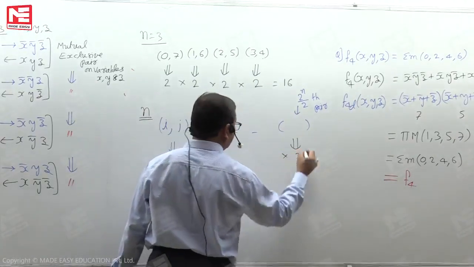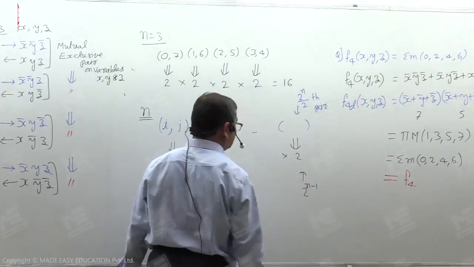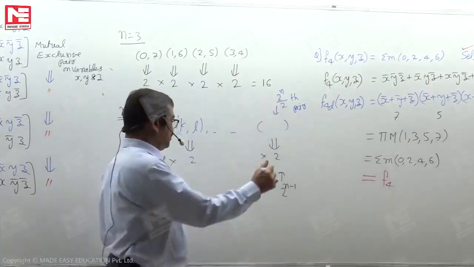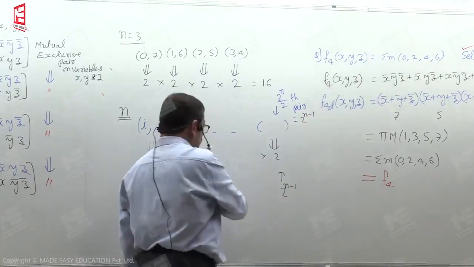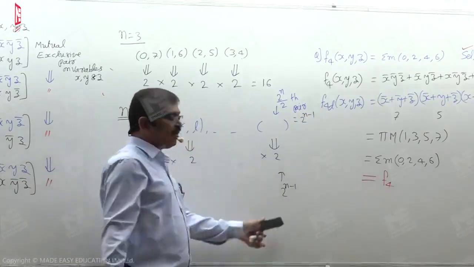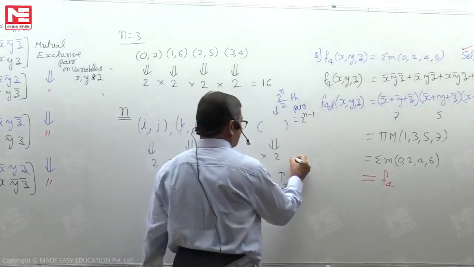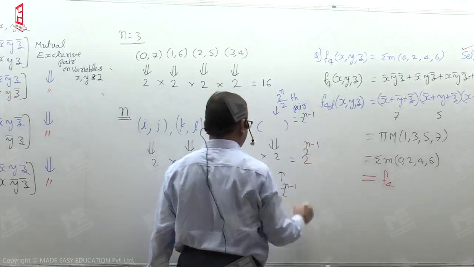It is multiplied 2 to the power of n minus 1 number of times. 2 to the power of n by 2 is nothing but 2 to the power of n minus 1. So 2 is multiplied 2 to the power of n minus 1 number of times. Hence, the answer is 2 to the power of 2 to the power of n minus 1.